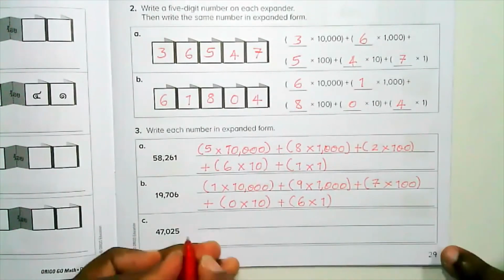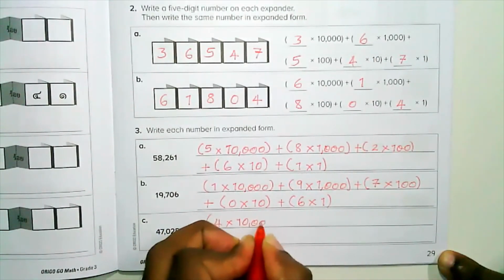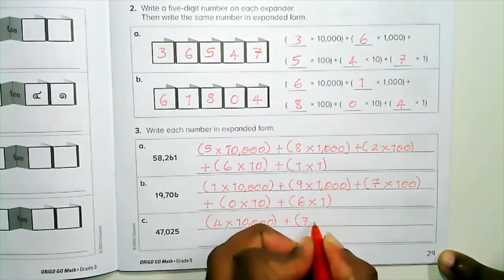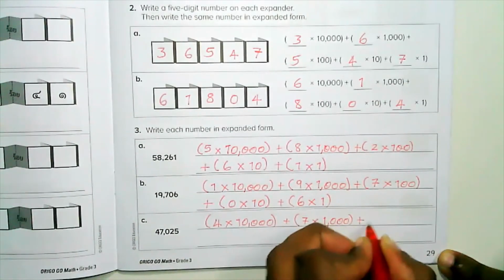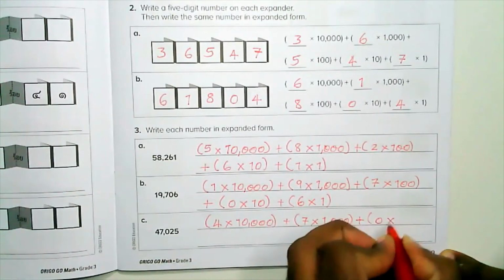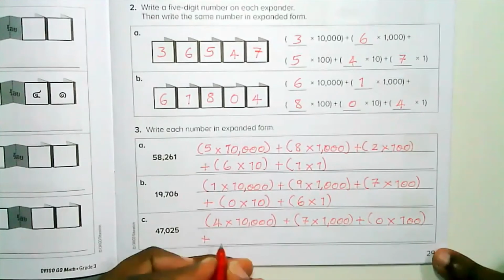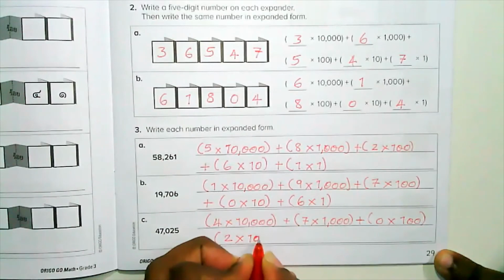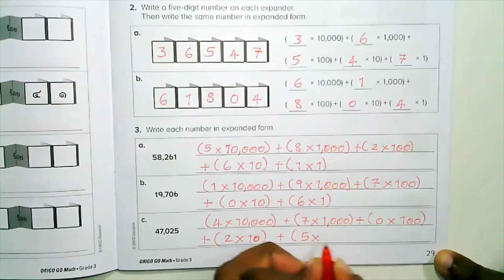Now part C, we have 4 times 10,000 plus 7 times 1,000 plus 0 times 100 plus 2 times 10 plus 5 times 1.